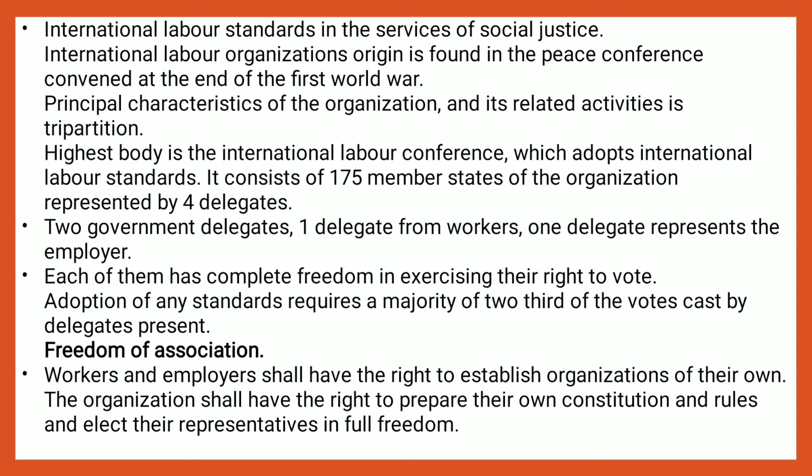Each of the 175 member states of the organization is represented by 4 delegates: 2 delegates from the government side, 1 delegate from workers, and 1 delegate from employers. Each of them has complete freedom in exercising their right to vote.